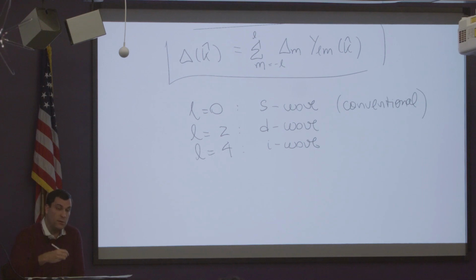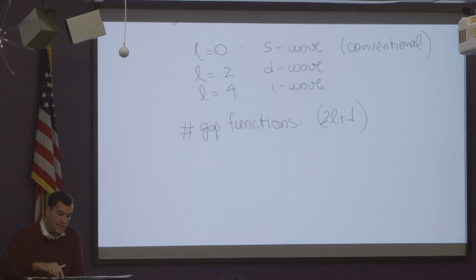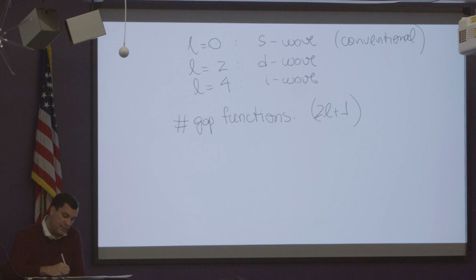For L equals 0, of course, what we find is that for a given channel L, the number of gap functions, each gap function has 2 components because it's complex, is 2L plus 1. Which means that any unconventional superconductor has to have more than one component. That's the lesson we learned. This is for singlet.